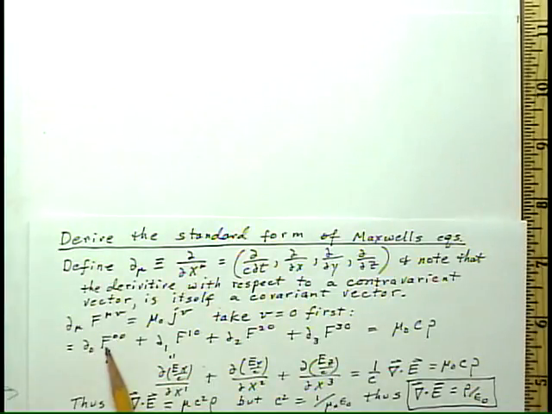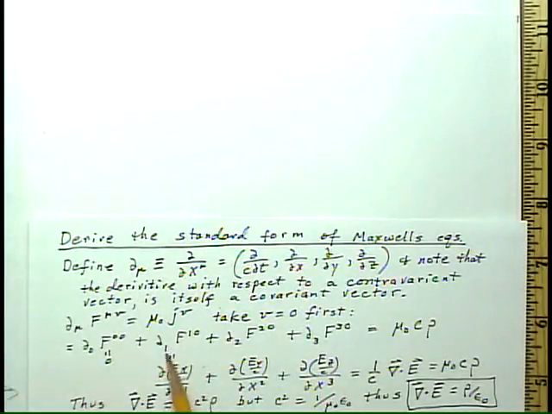Well, F mu nu is an antisymmetric tensor, and its diagonal components vanish. Therefore, F00 vanishes. We're then left with three other components: partial 1 of F10, partial 2 of F20, and so forth. F10, you will recall, is Ex over c, F20 is Ey over c, and F30 is Ez over c.